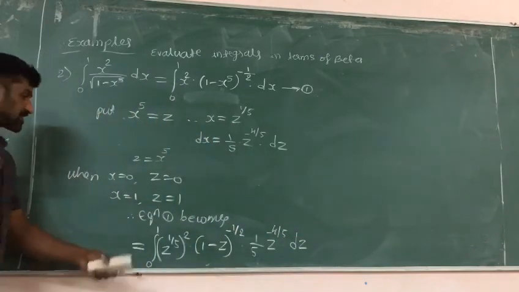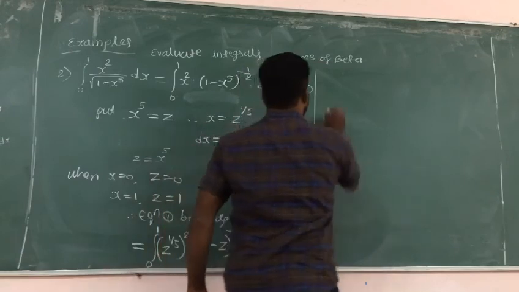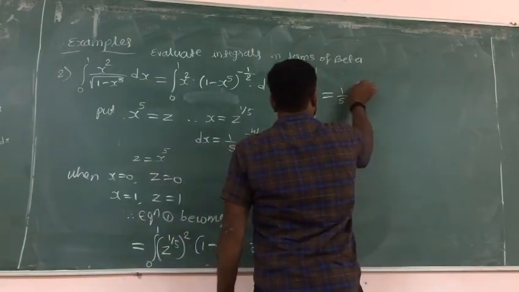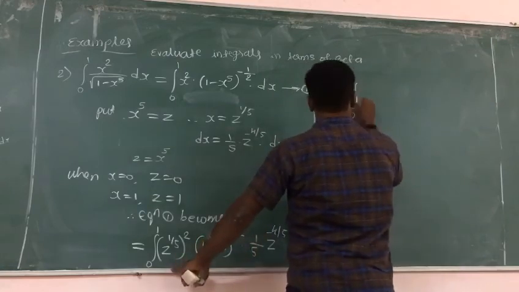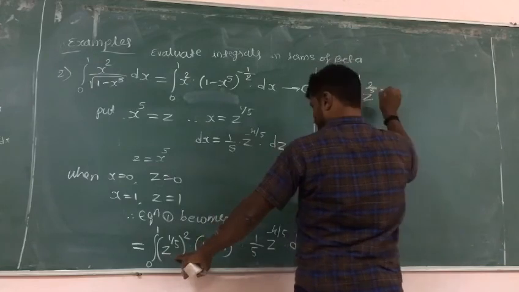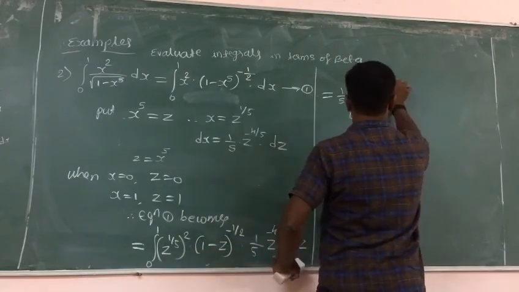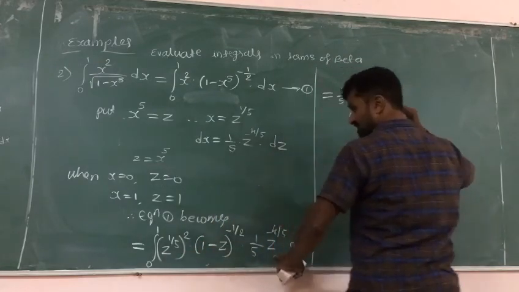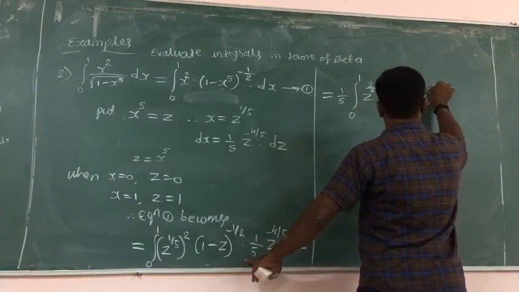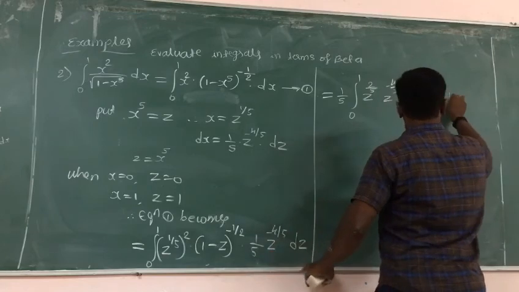So that equals 1 by 5, take it outside, integration of 0 to 1 z raised to 2 by 5 into z raised to minus 4 by 5 into 1 minus z raised to minus 1 by 2 into dz.